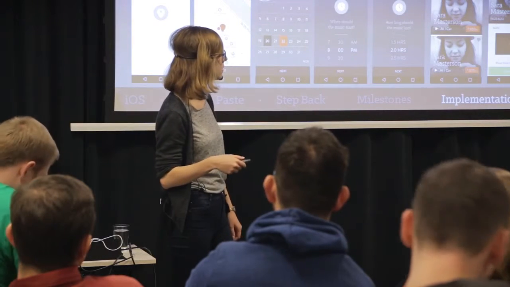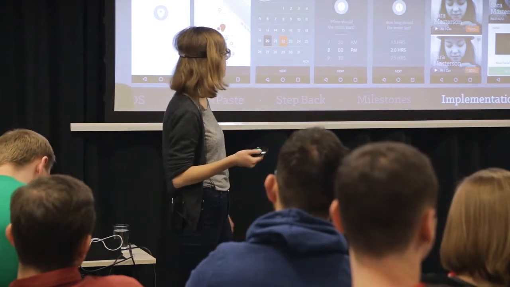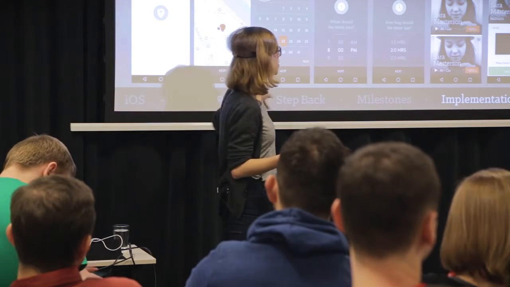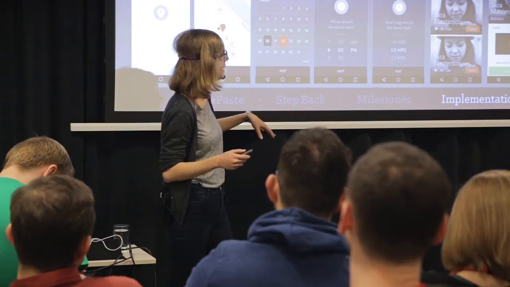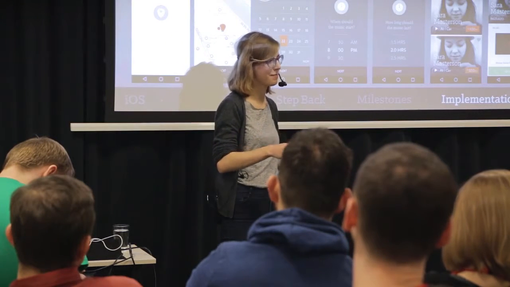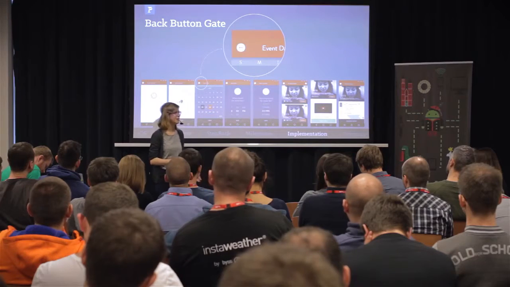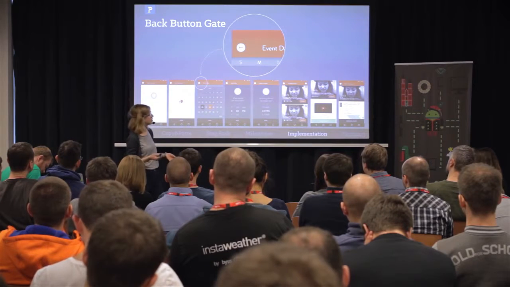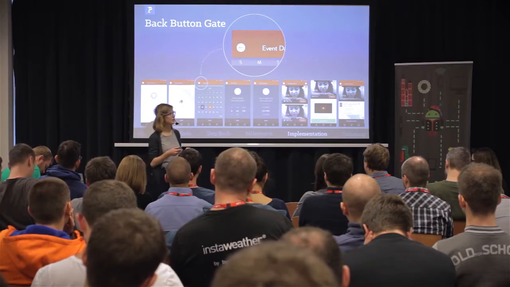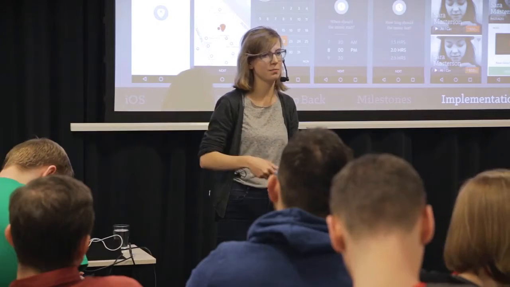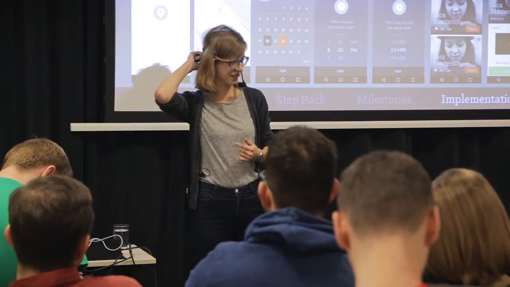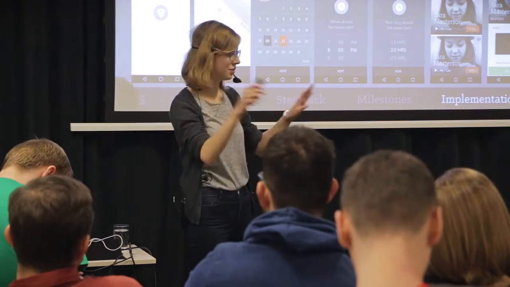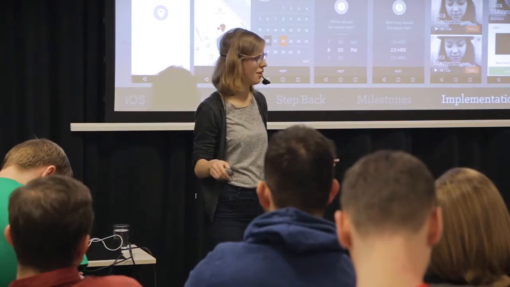And this is not a problem in many situations, but in our long booking workflow, it was a problem, because the user provides all of the information, and when he or she accidentally taps on the wrong back button or up button, the user can lose all data provided before. So it was really frustrating for our users, and we even considered getting rid of all up buttons in the whole app.